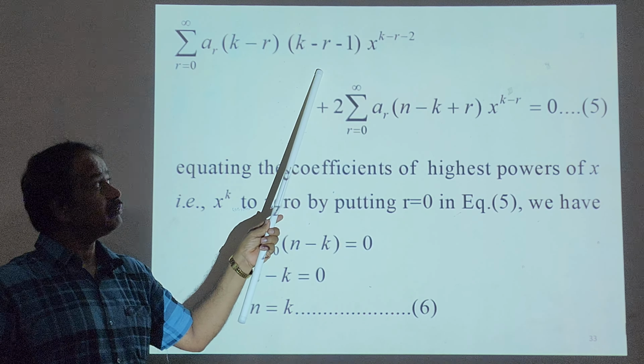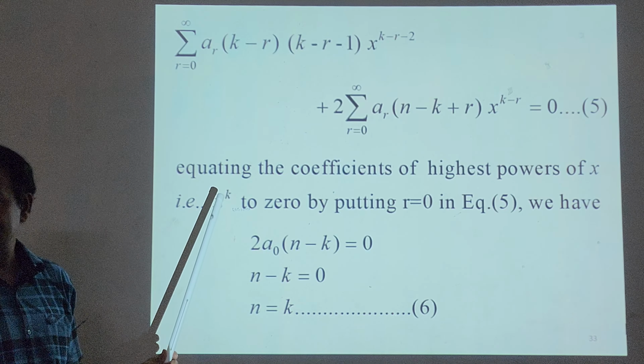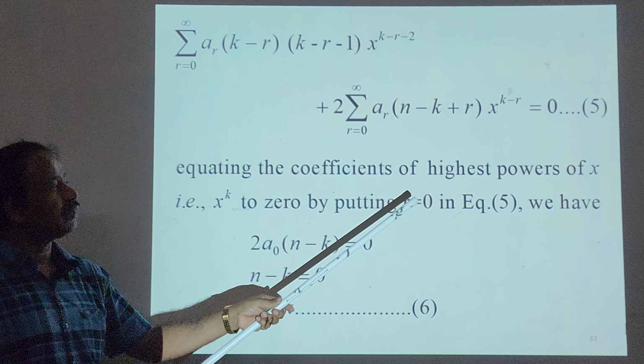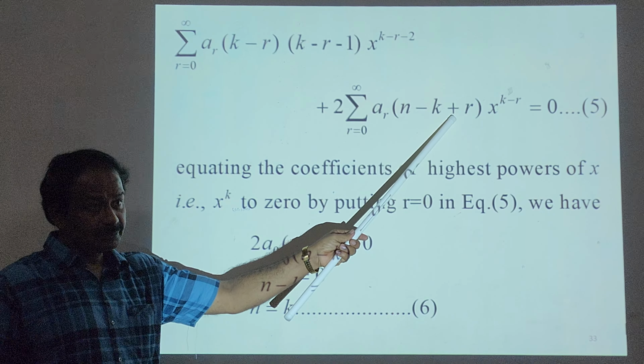We are going to equate the x to the power k on both sides. Okay, when r equals 0, you will have only this term alone. So this term becomes, when r equal to 0, 2a naught, correct, n minus k plus 0, which is equal to 0. There is no term here x to the power k. So that's why I have written as 0 here.